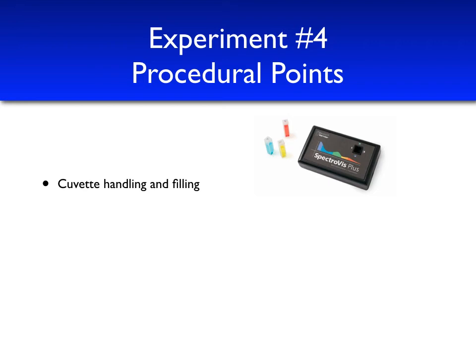It's very important to make sure that the light source is going through the clear sides and not the fluted sides. It is also important that when handling the cuvettes, you handle them mainly by the ridged sides, and if possible, wear gloves, since the oils on your skin can actually interfere with the collection of the spectrum.